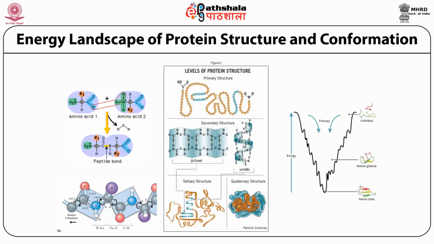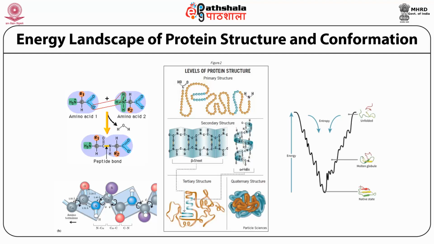So if you see the energy dynamics from the primary structure to the tertiary structure, the unfolded state, or the primary structure, can have a large number of conformations, and that's why it possesses high energy and high entropy.